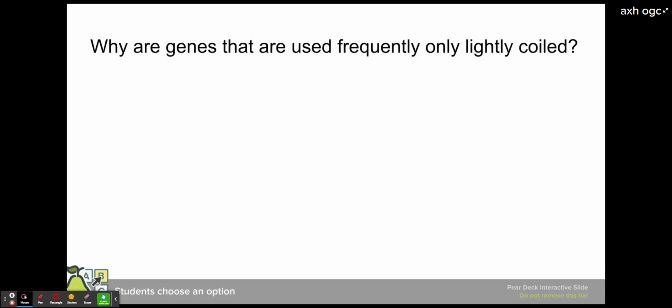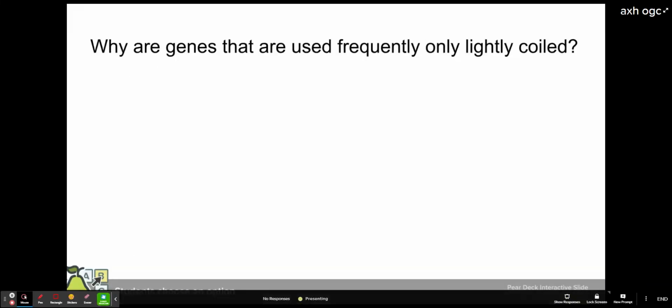So the correct answer for that was proteins. Why are genes that are used frequently only lightly coiled?